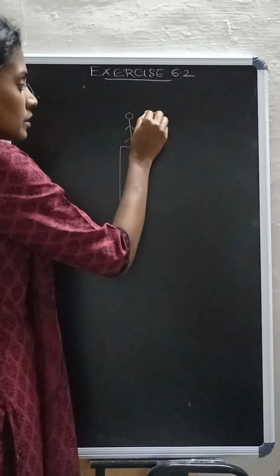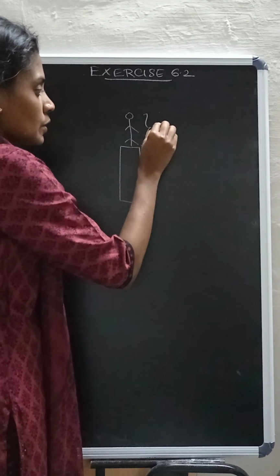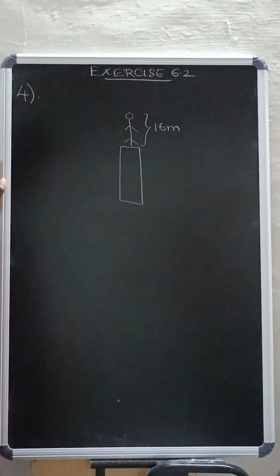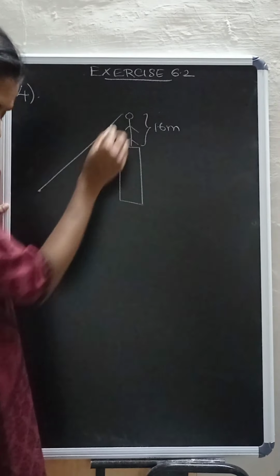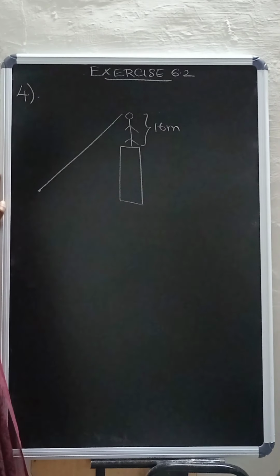A statue is 1.6 meter tall. So the statue is 1.6 meter tall. Stands on the top of a pedestal. From a point on the ground, the angle of elevation of the top of the statue is 60 degrees.